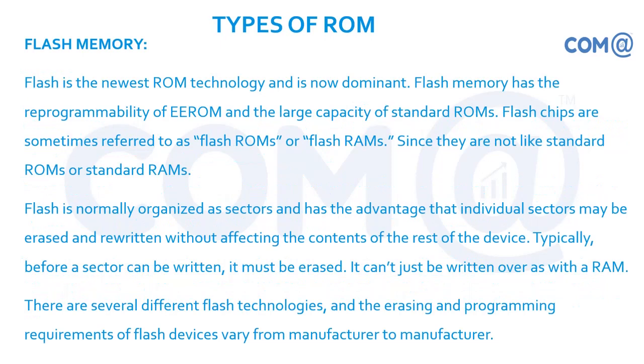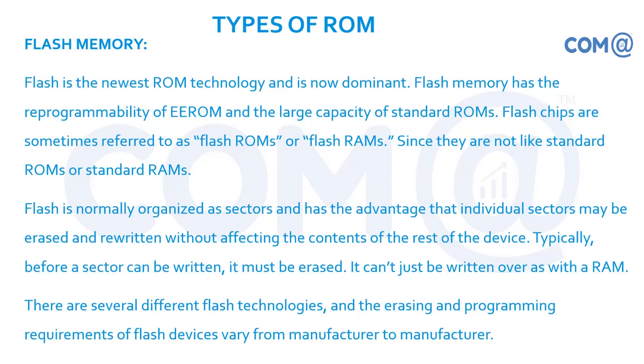Flash memory is the newest ROM technology and is now dominant. When the BIOS is called a flash BIOS or flash memory, it has the reprogrammability of EEPROM; it is an advanced form of EEPROM, so nothing different. Flash chips are sometimes referred to as flash ROMs or flash RAMs.